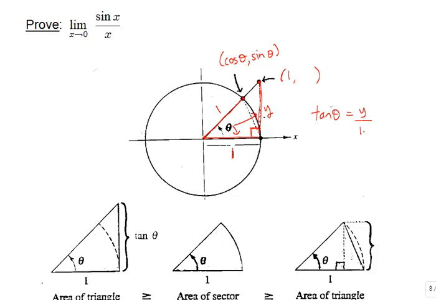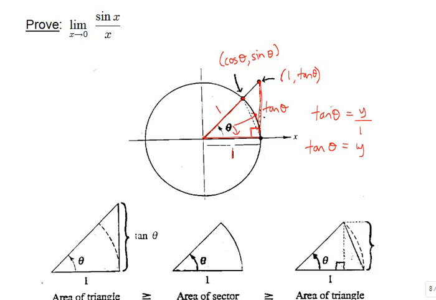So if you realize that that relationship is true, then that forces y to be tangent of theta. So this height right here is tangent of theta. Okay, and we'll need that information in our proof.